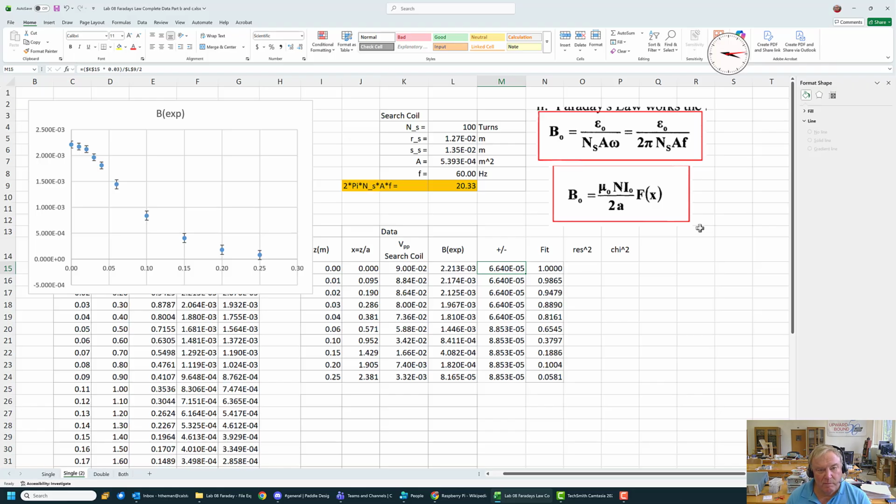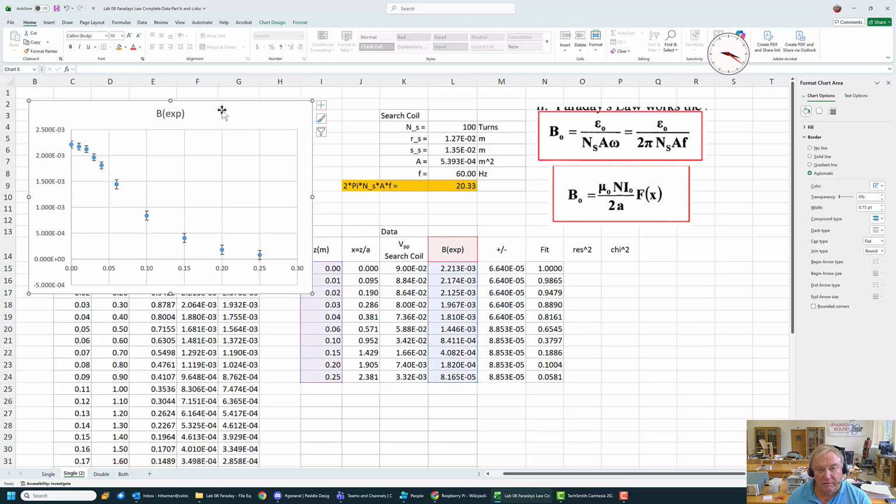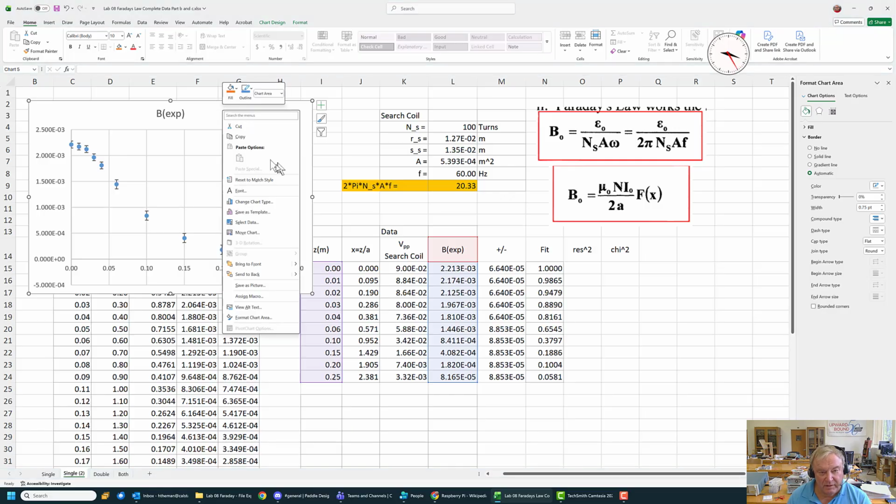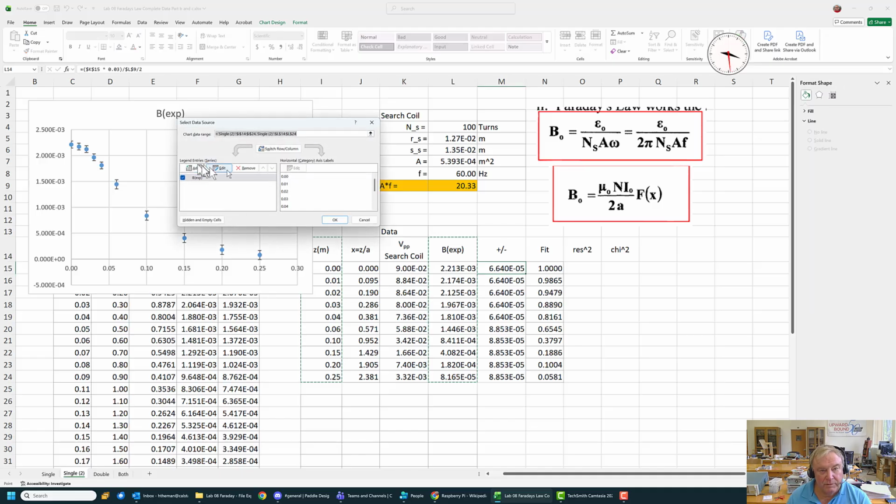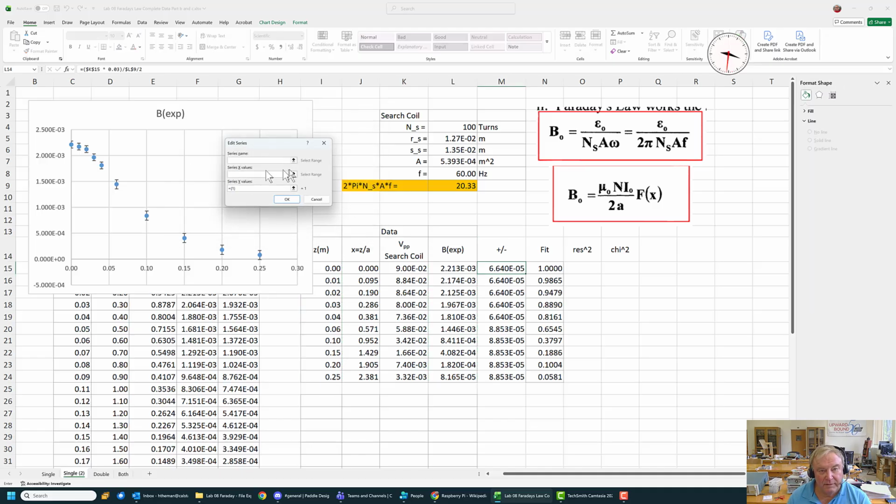All right. So now we can add to this. So select data. I want to add, and the title is the fit, and the x-axis is the z values.